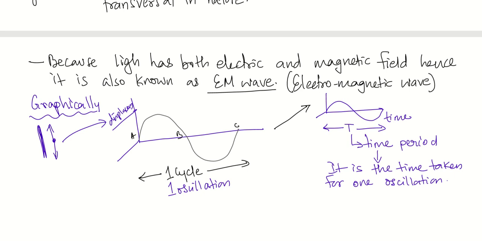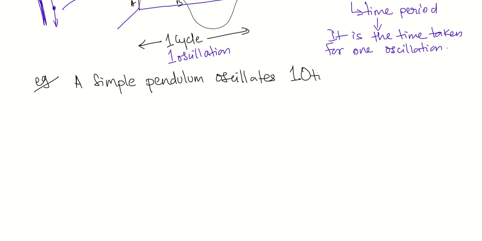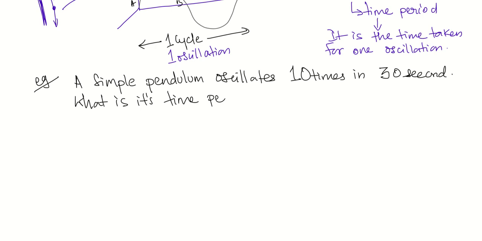Now let us do some examples here. A simple pendulum oscillates 10 times in 30 seconds. What is its time period then? So time period, we know, is the time for one oscillation.